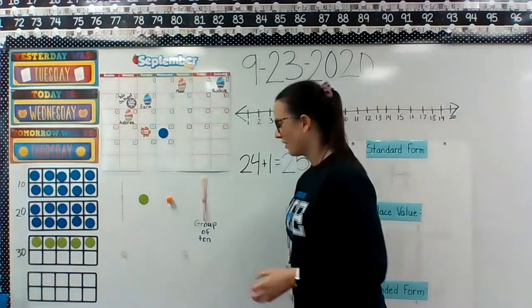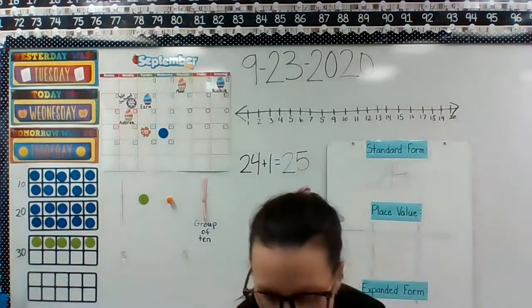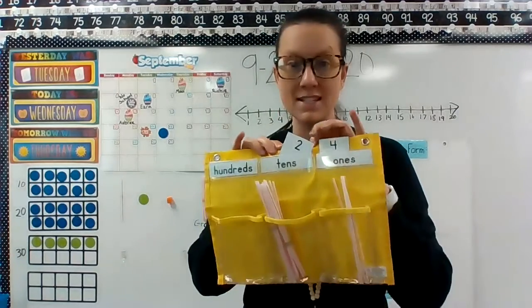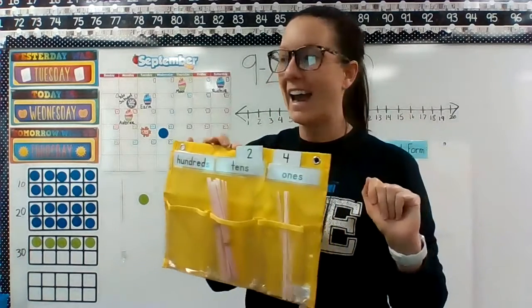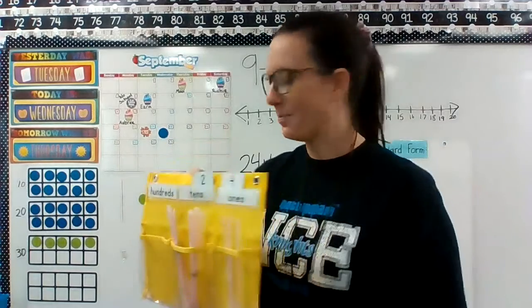So if you notice, I do not have our place value chart. I have it over here because we've been working with it in our math lessons and during our math small groups. We're going to keep working with it now too.